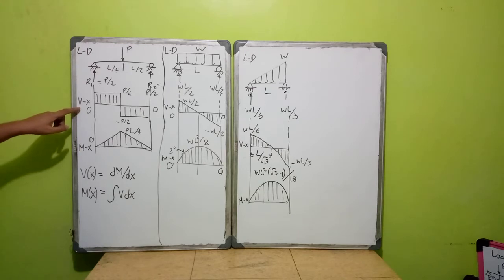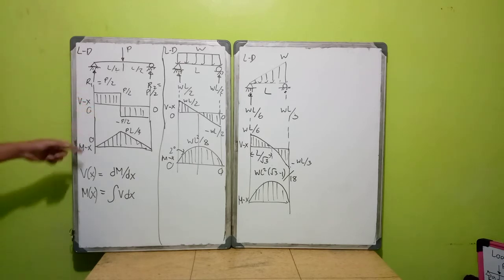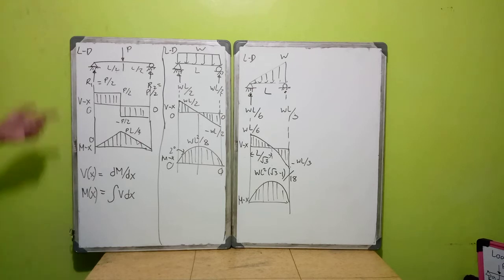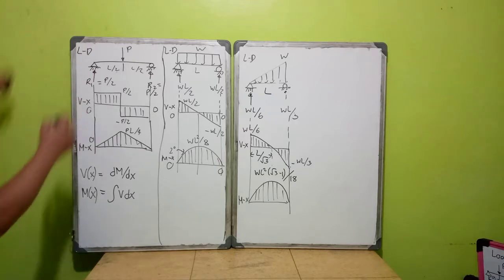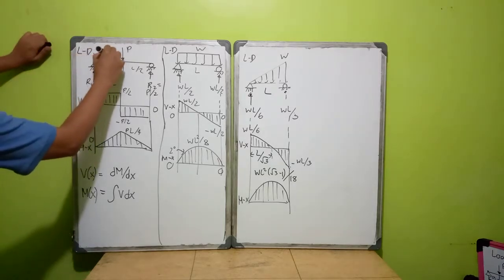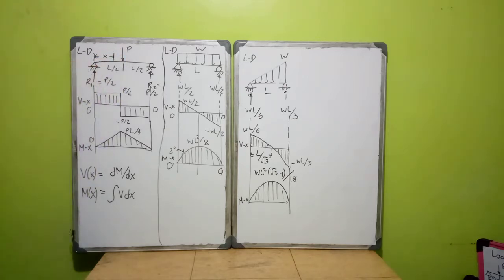Your shear is represented by V, and your moment is represented by M. This graph shows the changes in the shear and moment with respect to a certain value of x, in which x is any distance from the leftmost side of your beam.